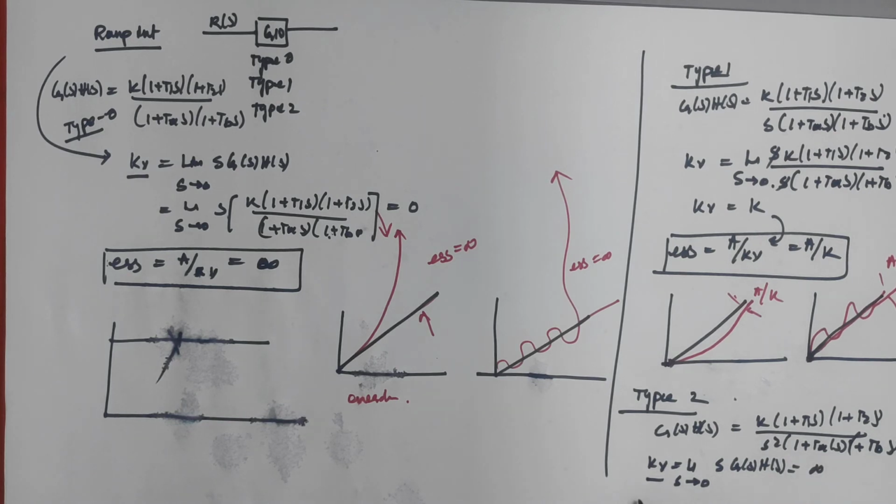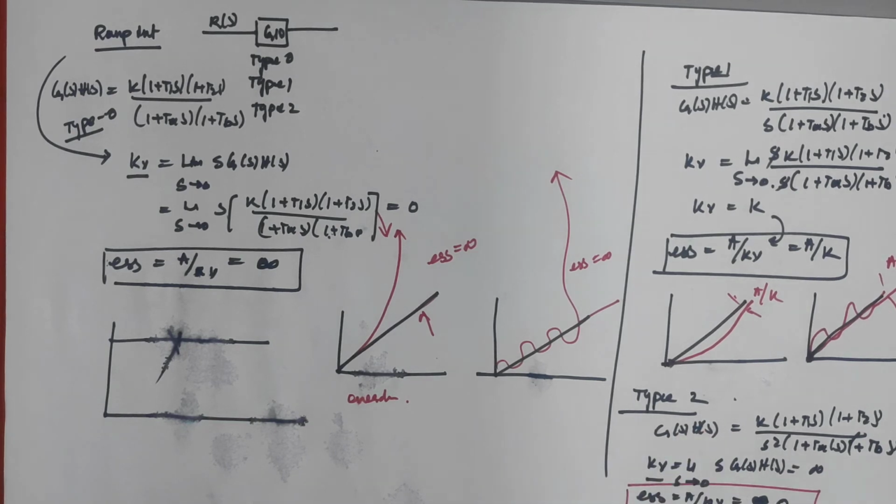Then the steady state error, with error coefficient A by Kv, so the error is A by infinity. So I am getting, sorry, 0. Steady state error is 0. So what does this mean?